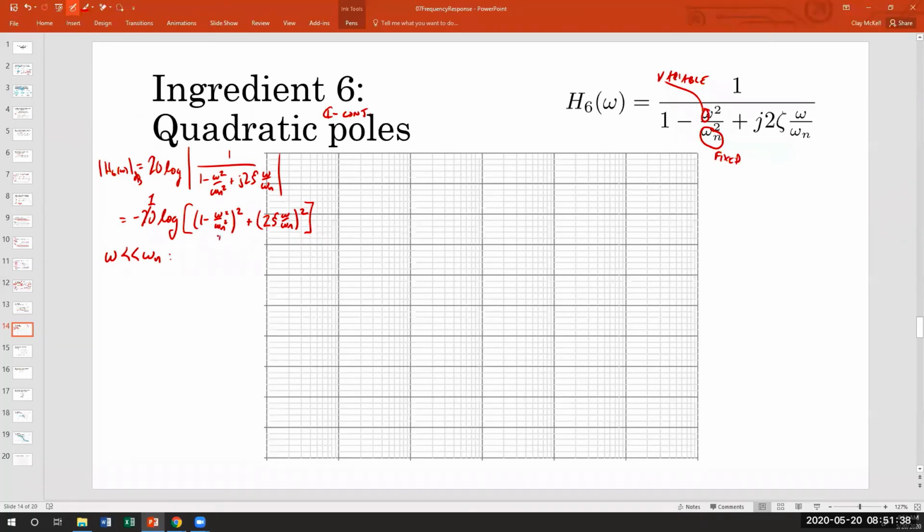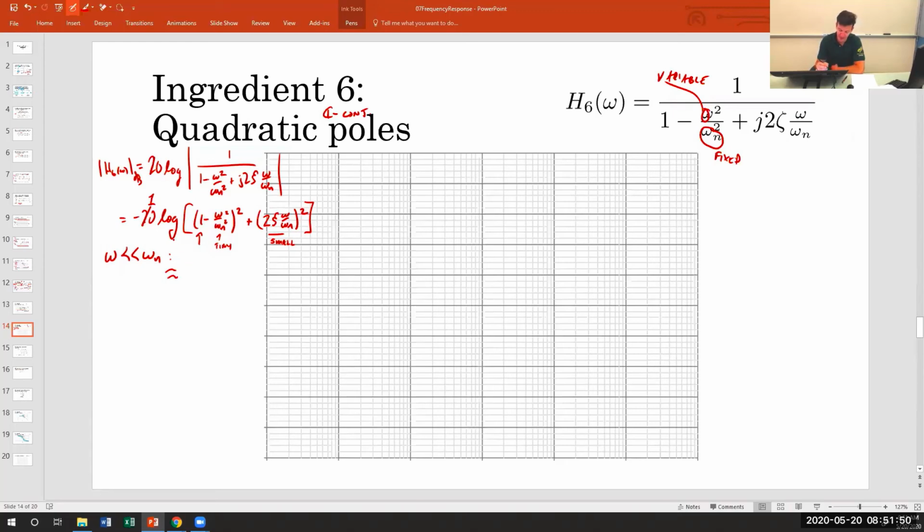Exactly. This guy gets tiny. This guy gets small. And so the only one that doesn't change, that doesn't get smaller as omega gets smaller, is the 1. So we're looking at approximately negative 10 times log of 1, which is 0 dBs.